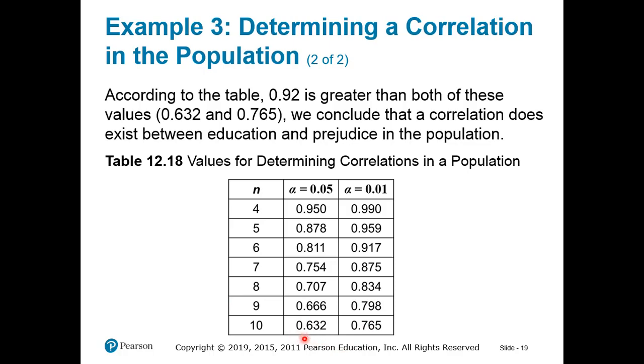Notice that our R value is bigger than both of them, so it doesn't matter which one we use, it's going to be significant. That means that there is a real correlation between the two. Now that we've determined that there is a significant correlation, we can go and do the regression. If there was no significant correlation, there would be no reason to do the regression analysis and get the regression line. We would just use the averages.